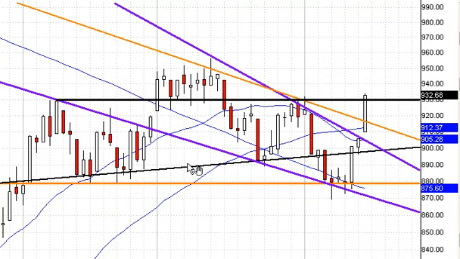We have this black trend line right here, which is the other possible neckline, the slanted neckline on the head and shoulders pattern. We got this black trend line up here, 930 resistance on the S&P, and then these purple trend lines show the falling wedge pattern that has formed in the S&P 500.